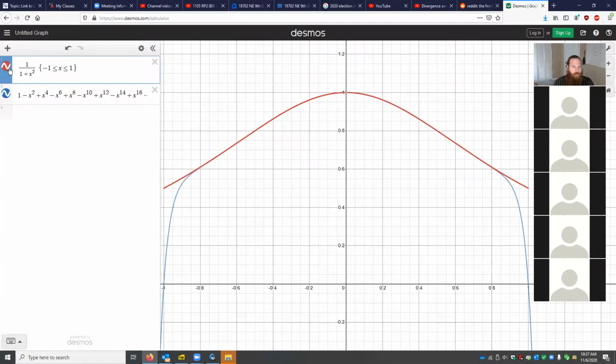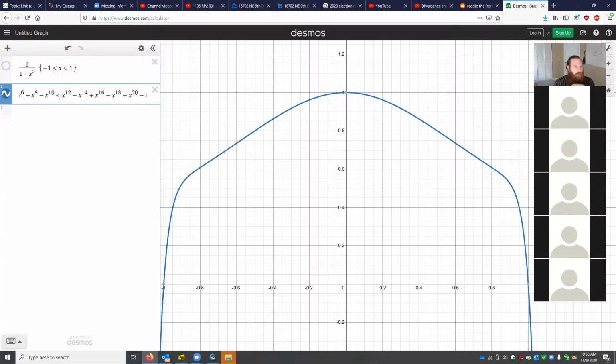What do you notice about the terms of the blue series? What sort of powers of x are showing up? Even powers. Just even powers.